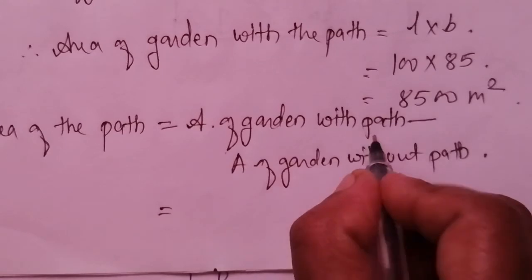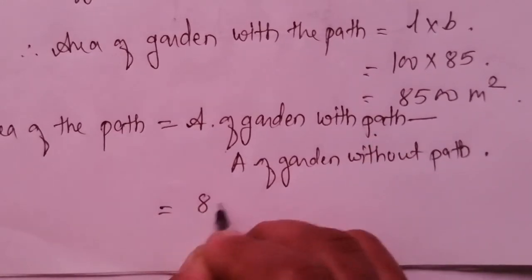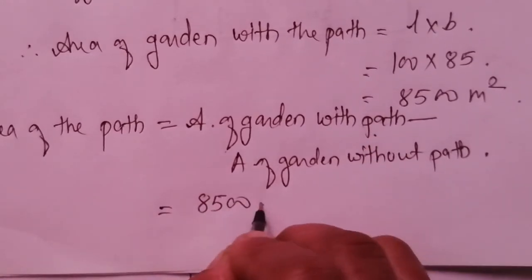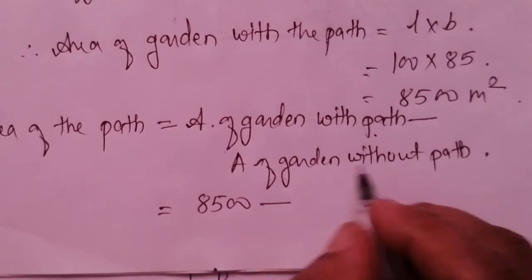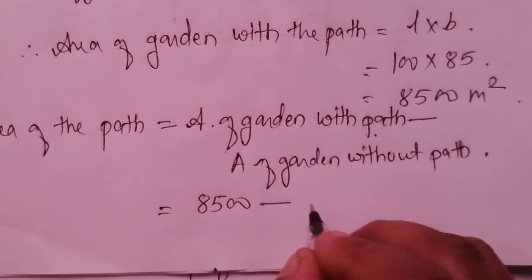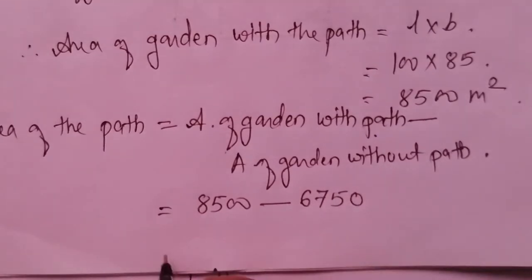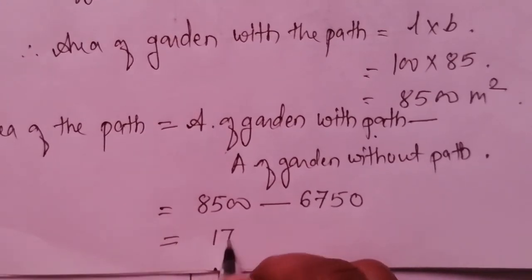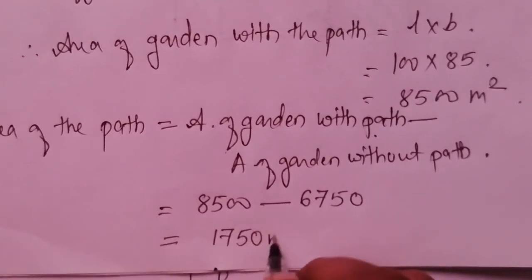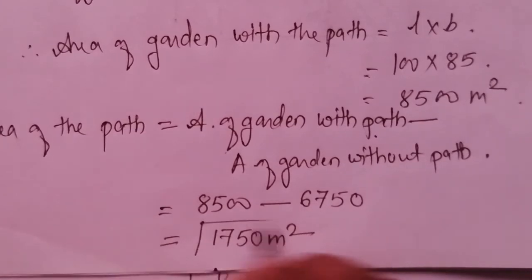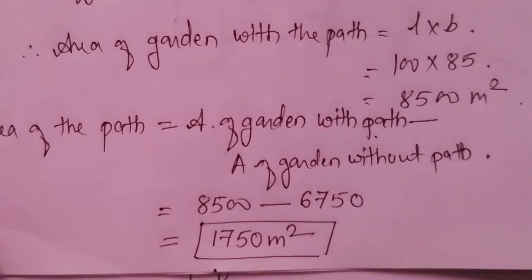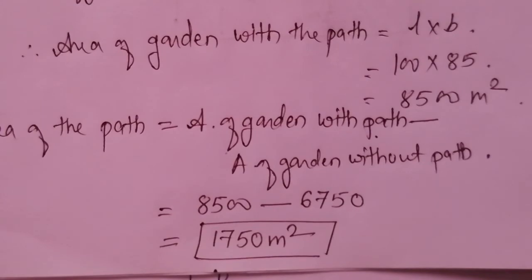The area of the garden with the path is 8500, minus the area of the garden without path, 6750. If you subtract this, you will get 1750 meter square. This is the area of the pathway. Understood?